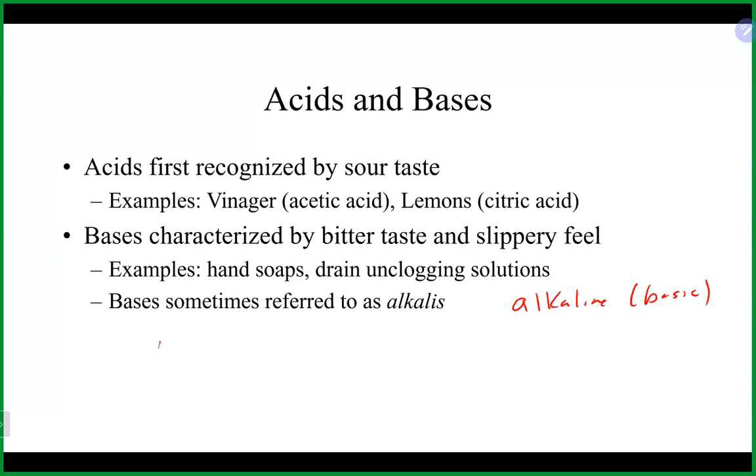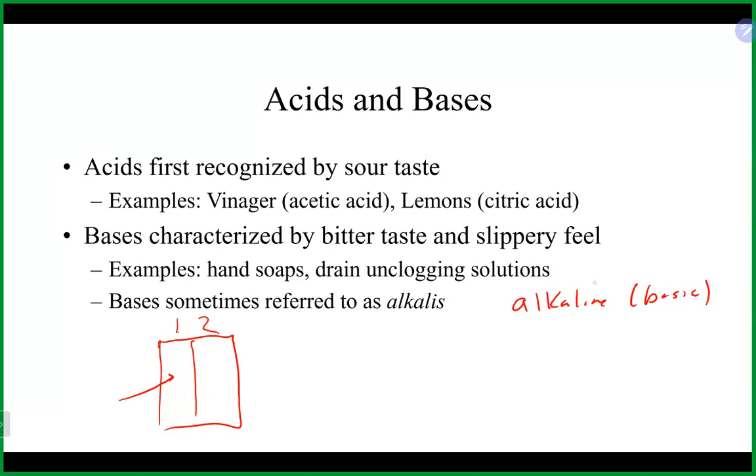And that's why if you take a look at the periodic table, group 1 are our alkali metals, group 2 are our alkaline earth metals. So a lot of strong bases come from group 1 and group 2 on the periodic table when you hook those guys up with some hydroxide: potassium hydroxide, sodium hydroxide, calcium hydroxide.